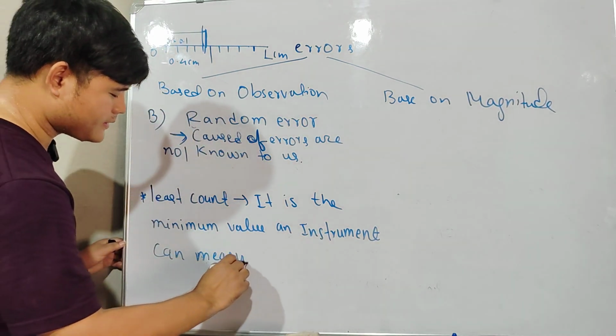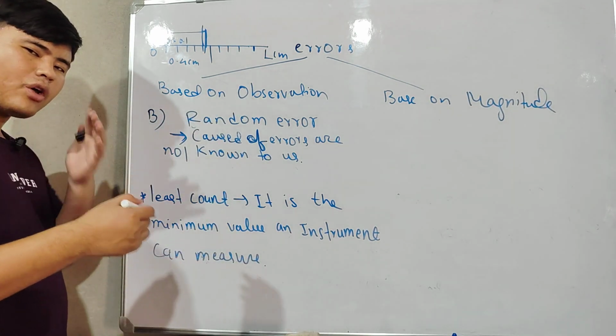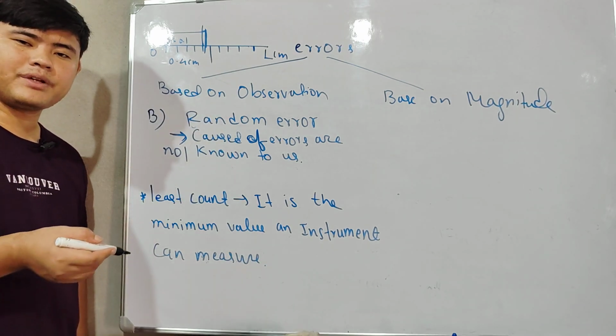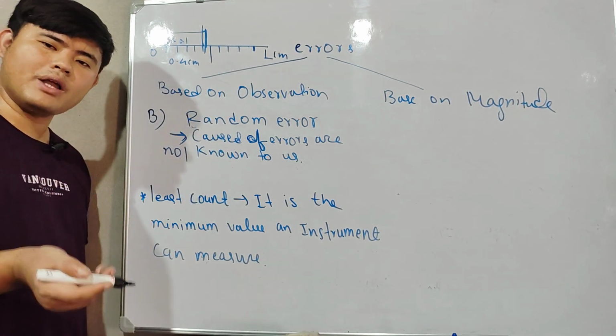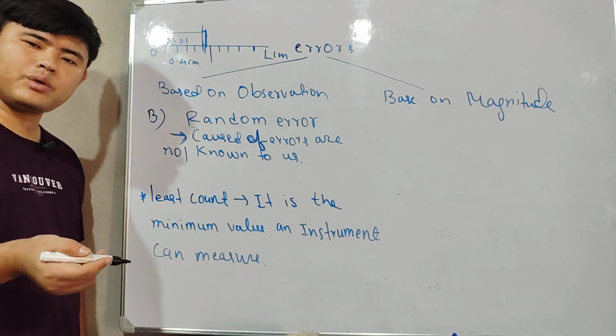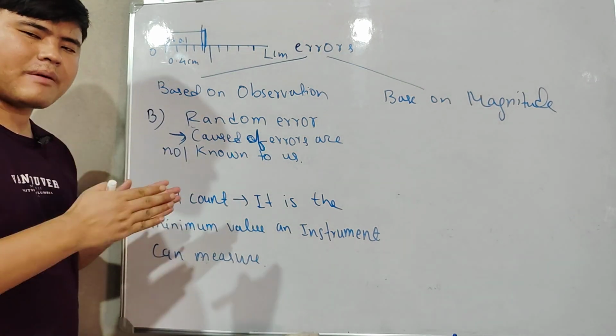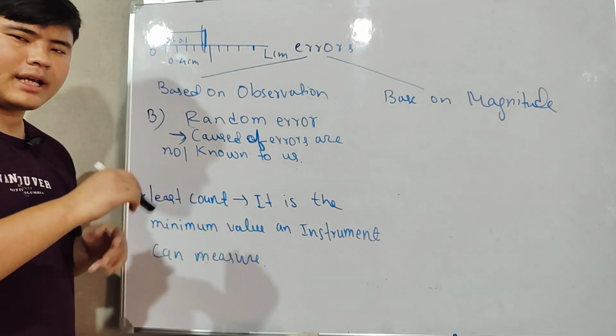How much can the instrument measure? Our normal scale can measure only up to 0.1 centimeters. Vernier calipers can measure up to 0.01 centimeters, and the screw gauge is also like that. So this is the least count. Least count means the minimum quantity up to which it can measure.